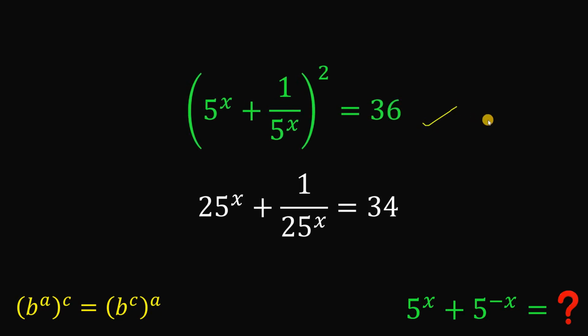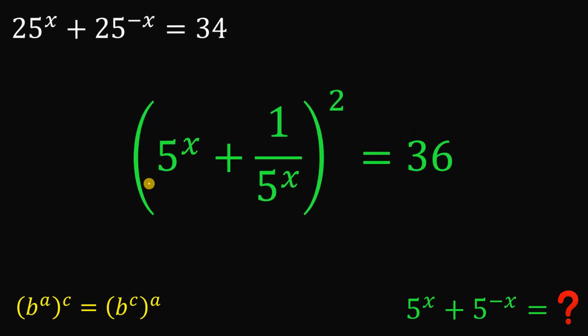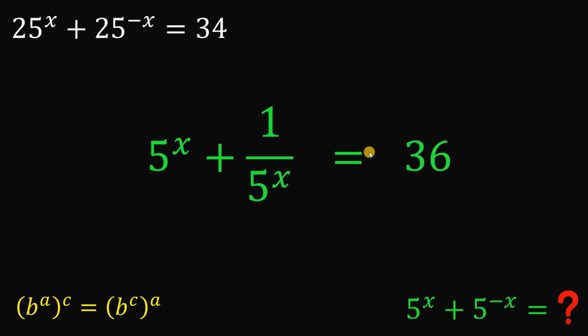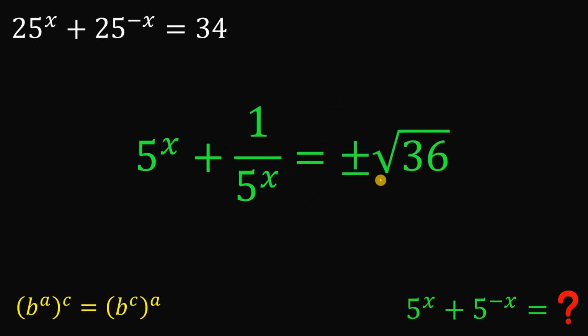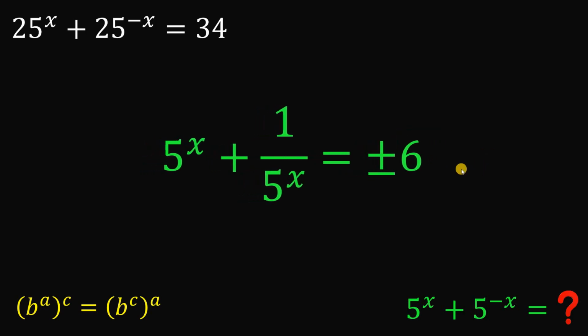Now, let's focus on this result. And to get the value of 5 raised to the power of x plus 1 over 5 raised to the power of x, what we're going to do is to get the square root on both sides. And take note, we have 2 possible values here. We have positive or negative. Now, square root of 36, this is just 6. Now, since we don't have any restriction for x, we will accept the answer of positive and negative 6.